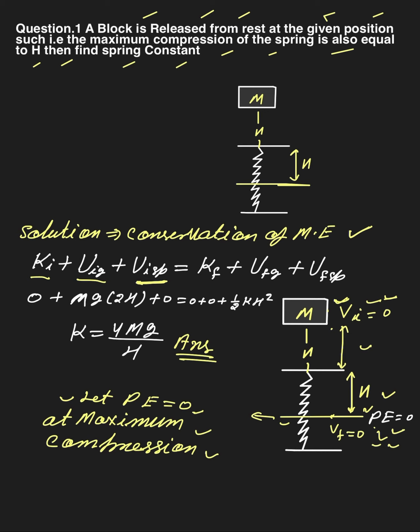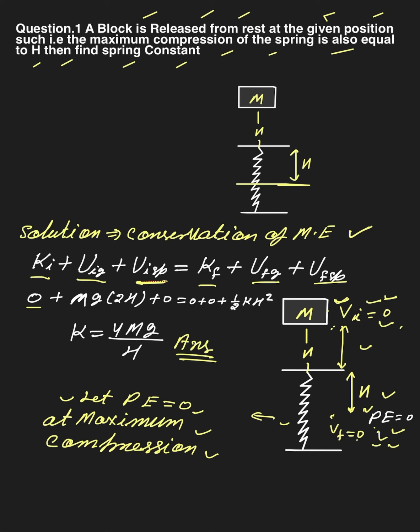Then the final kinetic energy, the final potential energy due to gravity, and the final potential energy of the spring. Now look here, the initial velocity of the block is 0, so that's why 0 is written here.